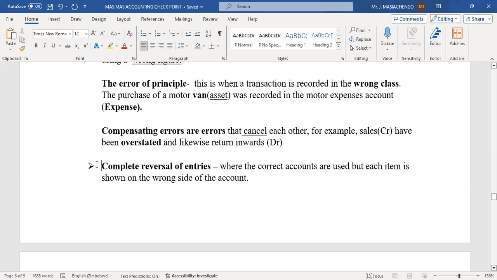Complete reversal of entries. That's where we are. This is where correct accounts are used, but each item is shown on the wrong side of the account. Take note. Correct accounts have been used, but each item is shown on the wrong side of the account.